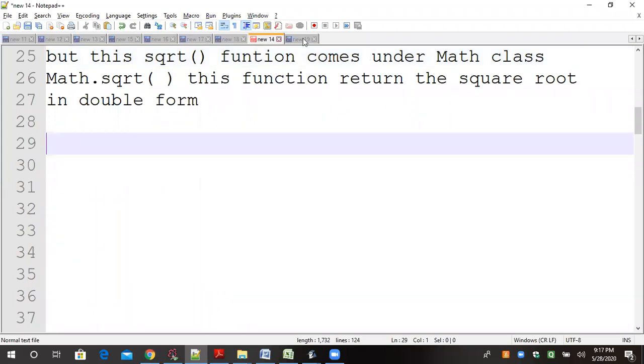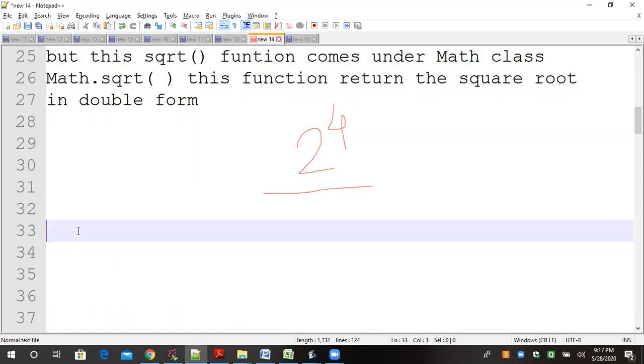See, suppose I want to calculate 2 to the power 4. What we have to do? There is a function POW used to calculate the power.